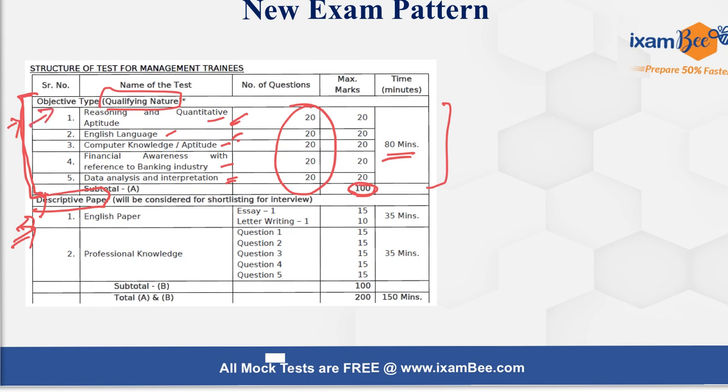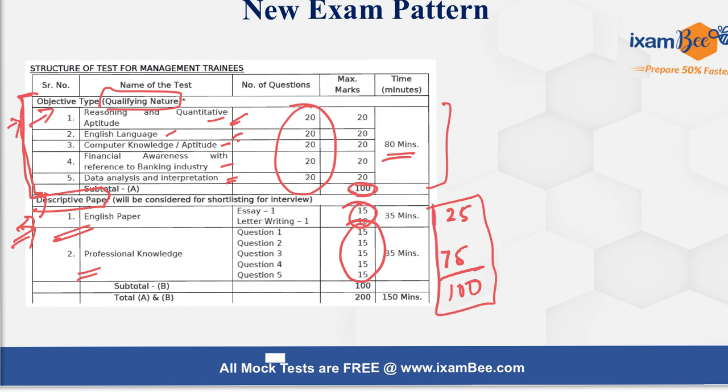In descriptive paper, two subjects would be there: descriptive English paper, and then professional knowledge. So descriptive English is going to be 25 marks, and this is going to be 75 marks. So total 100 marks. The marks obtained by you in this descriptive paper will decide whether they will call you for interview or not.